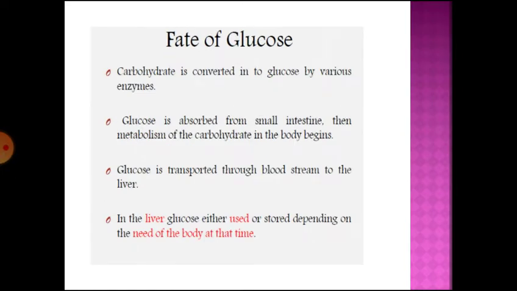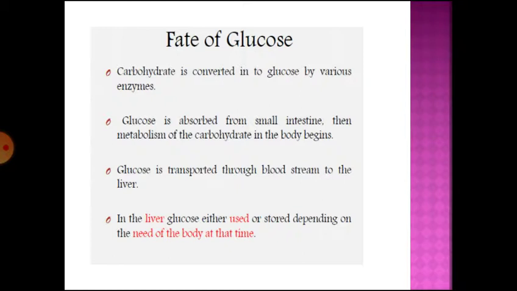Carbohydrate is converted to glucose by various enzymes. Glucose is absorbed from the small intestine, then metabolism of carbohydrate in the body begins. Glucose is transported through the bloodstream to the liver, also by the portal vein.